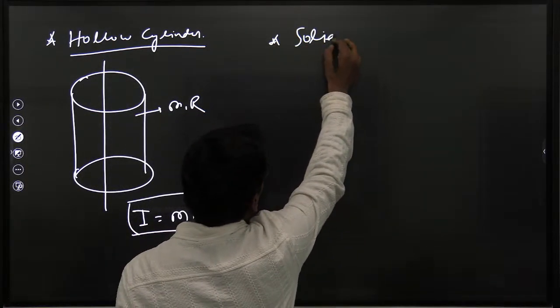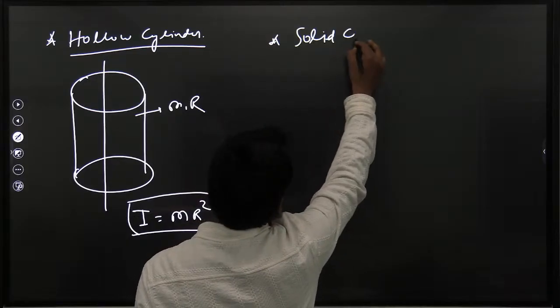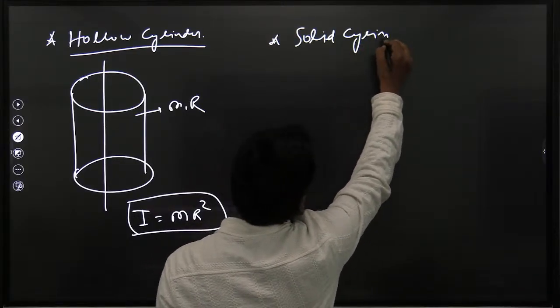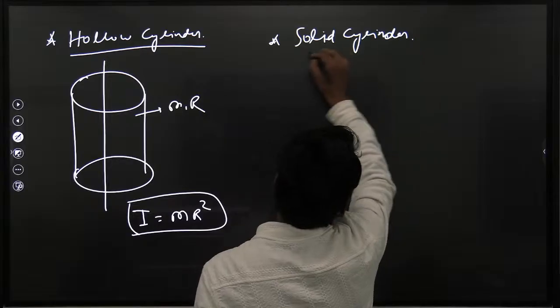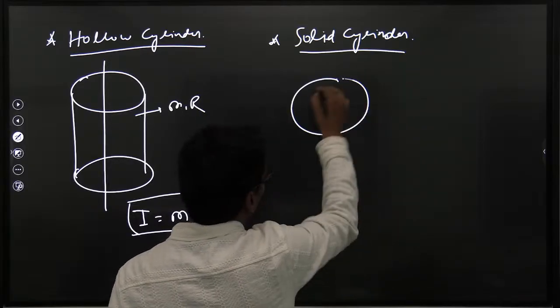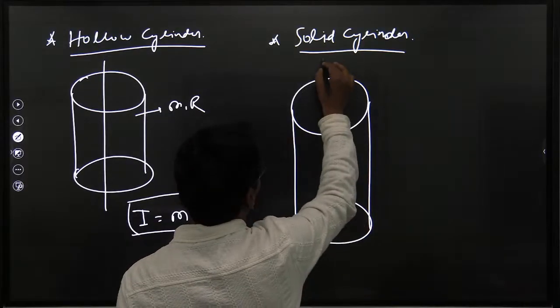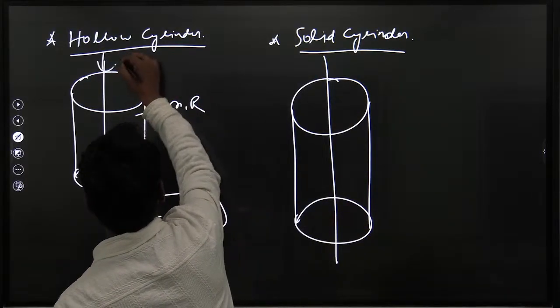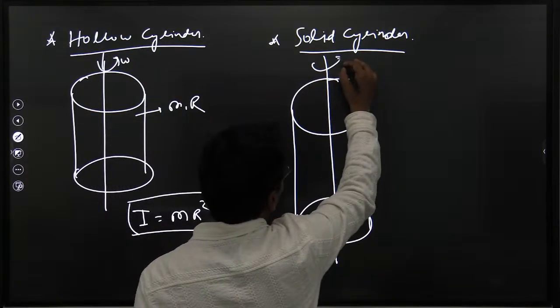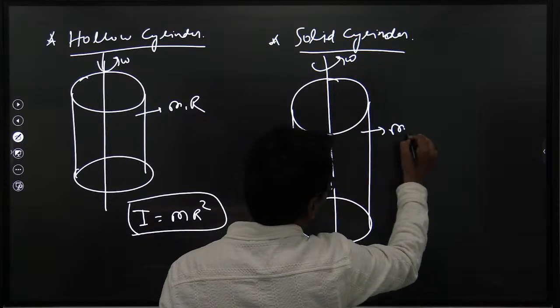And in a solid cylinder, the axis is with angular velocity omega, having mass m and radius r.